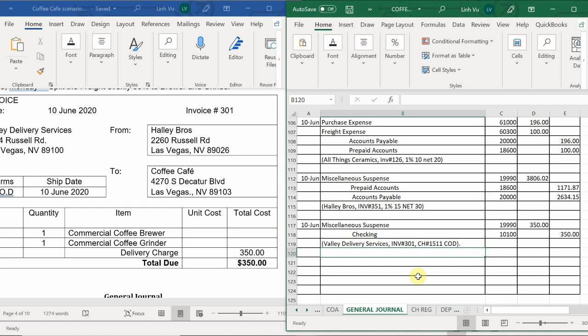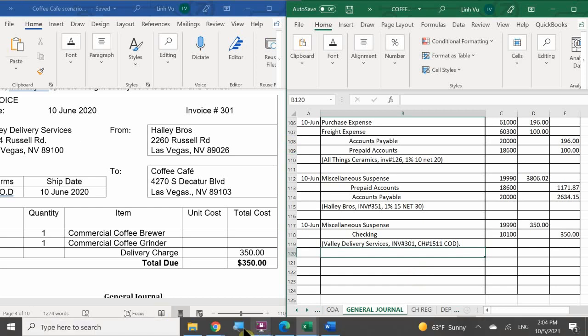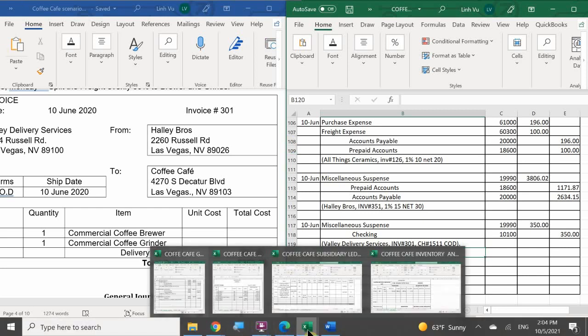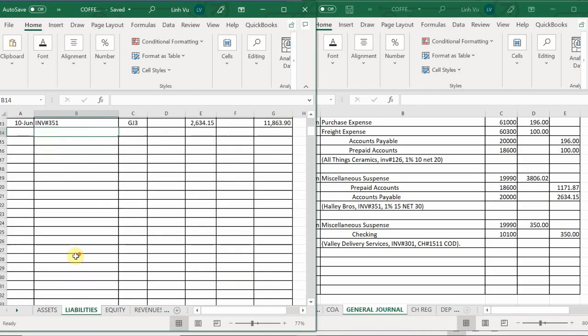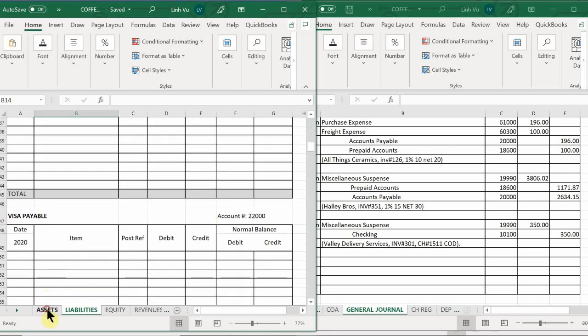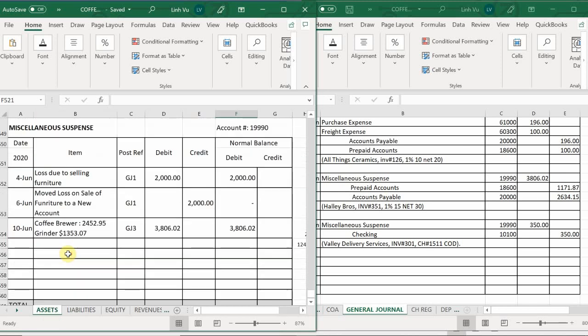Okay, so we're going to miscellaneous. Ledger. For miscellaneous, all the way down to the bottom. Wait, no. In here, various miscellaneous expense.